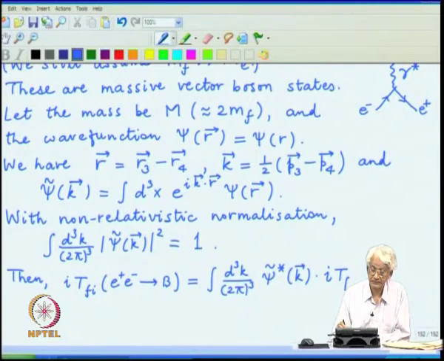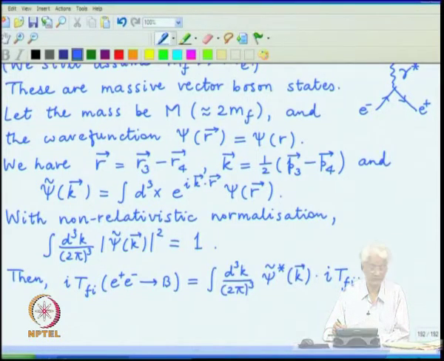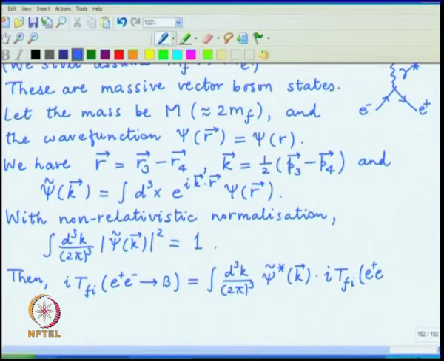So, the first process E plus E minus to F F bar produces this matrix element T F I, and then the next one basically just projects that part of it which can form a bound state.